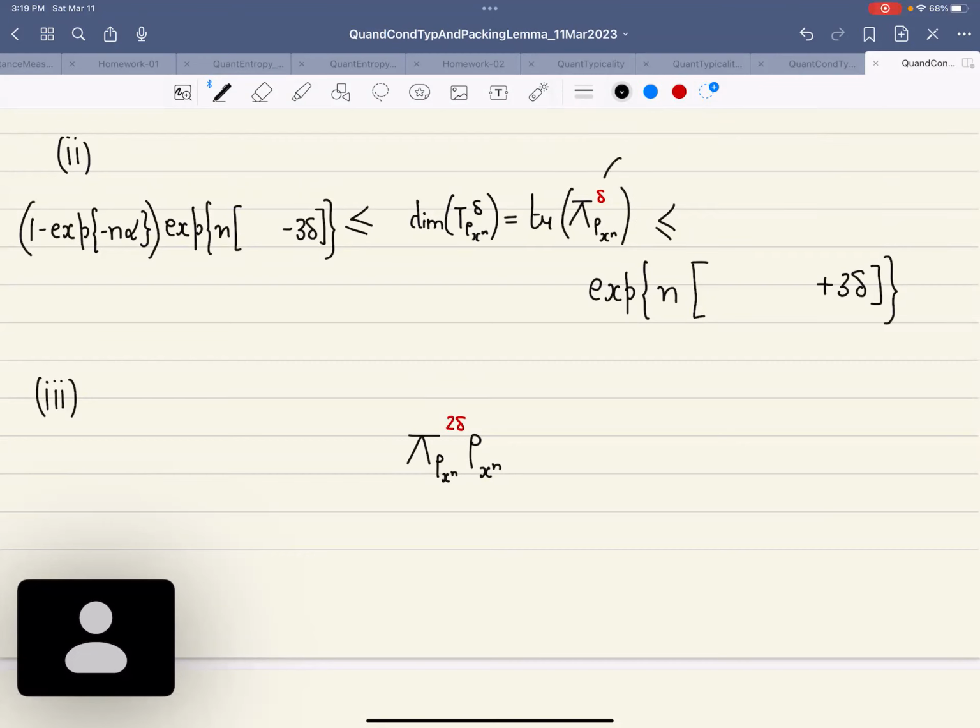I have to double check this calculation whether it is 2 delta or just a red star here. Is it correct? Instead of a star, we'll write the question.